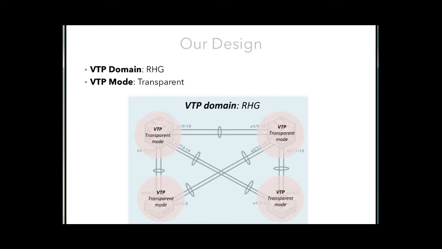In our environment, based on our design, we will be doing the following based on data center best practices and the concepts that we covered. For all of our data center switches, the VTP domain name will be RHG, our company name, Route Hub Group. And we will enable VTP transparent mode on all of our switches.